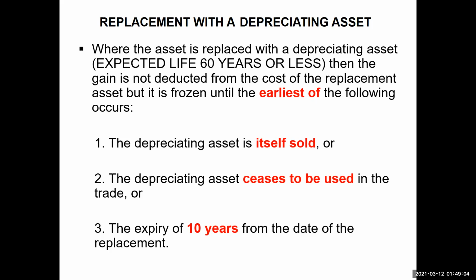The gain will not be deducted, it will be frozen until one of these three scenarios occurs, whichever is earliest. So the earliest of these dates is what we have to consider.